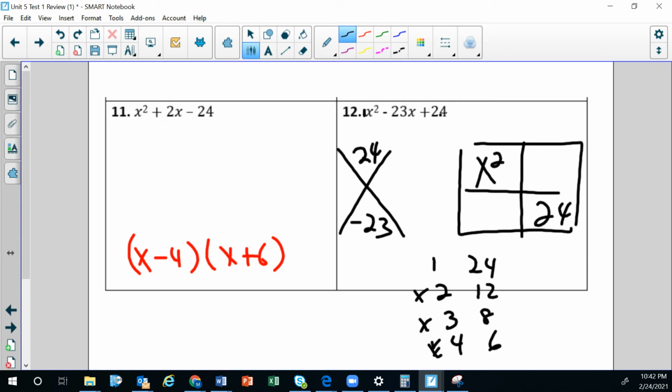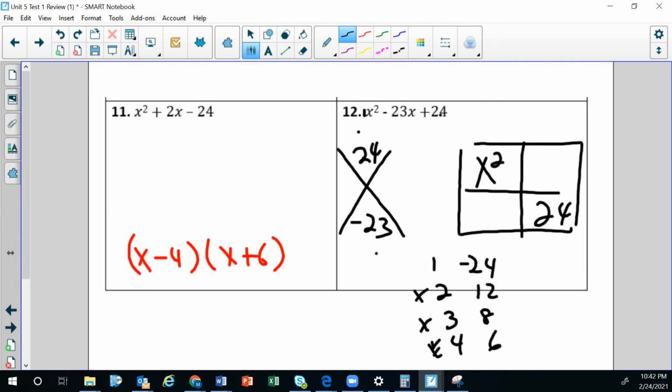Let's see, if I make this negative, when I add these two, I get negative 23, but when I multiply, it's going to give me a negative 24, but I want a positive 24. Okay, you can look at it still, but in this case, there's no solution.